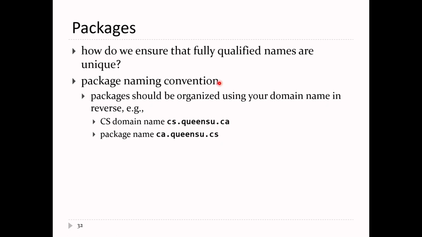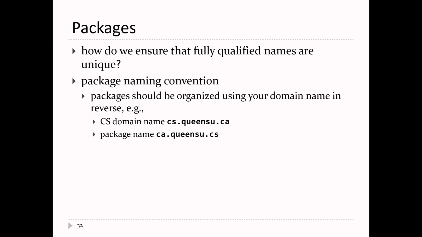And so in Java, there is a convention that's supposed to be used, called the package naming convention. The idea is that you take your domain name and you write down the pieces of the domain name in reverse. The computing science domain name at QueensU is cs.queensu.ca. That's just the URL that you use to get to the computing science homepage.